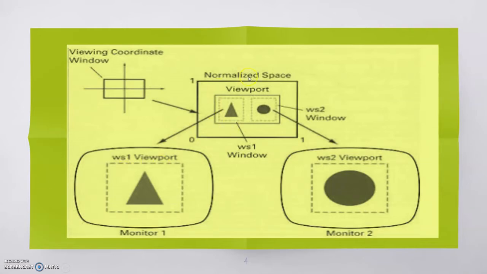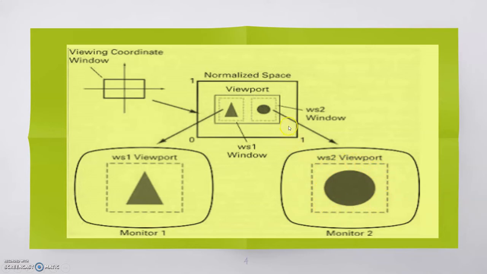This is the normalized space where we have a window. We have a WS1 window and a WS2 window, each of which is known as a viewport. Window screen 1, that is WS1, can be seen like this in monitor 1, and window screen 2 can be seen in monitor 2.